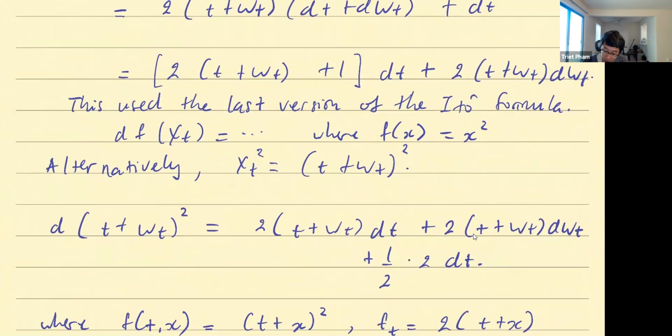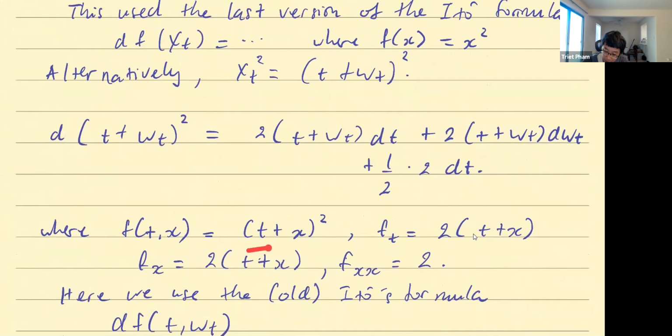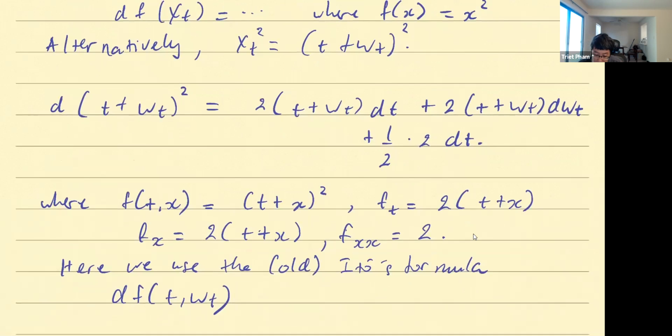On the other hand, down here, the function is complicated because it's (t plus x) squared, but the process itself is simple, just a Brownian motion. All these formulas are consistent, and whichever way you want to apply is fine. It just gives you different tools to deal with things. Any question?